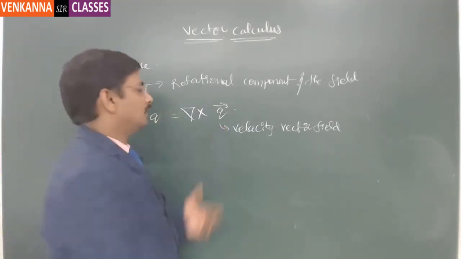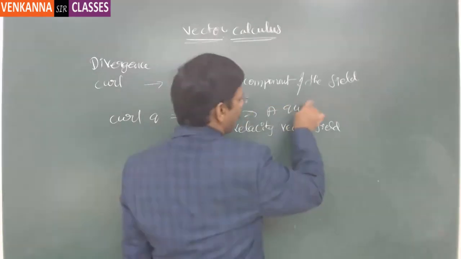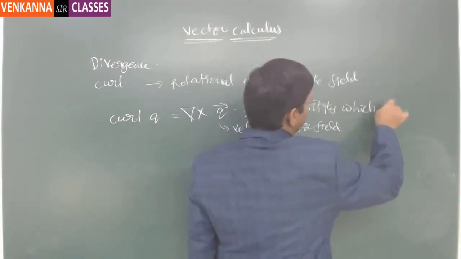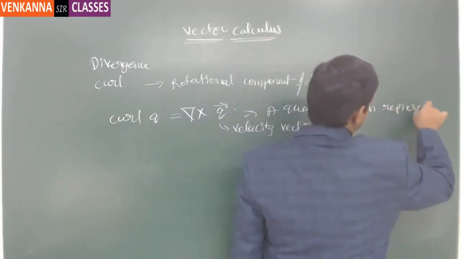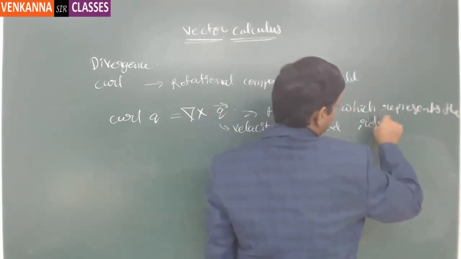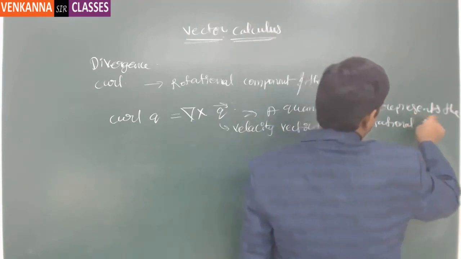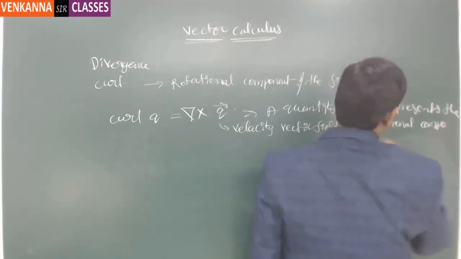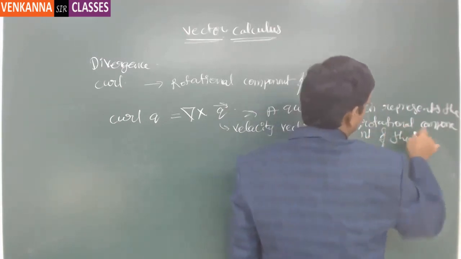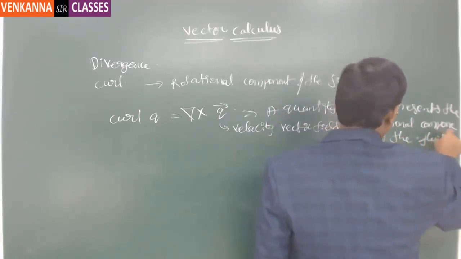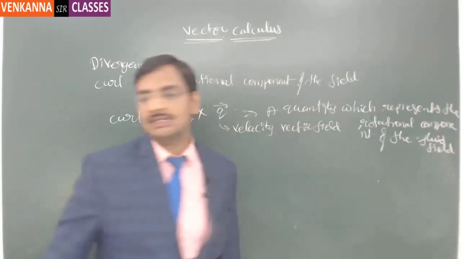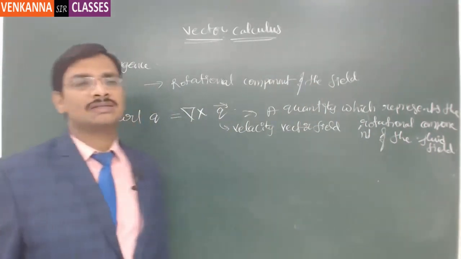So this will give a quantity which represents the rotational component of the fluid field. How much it tends to rotate, that is the quantity this is going to give. So that's what we call the curl.